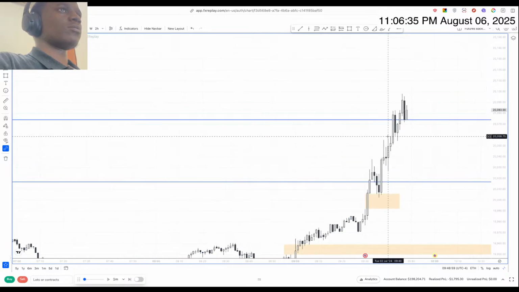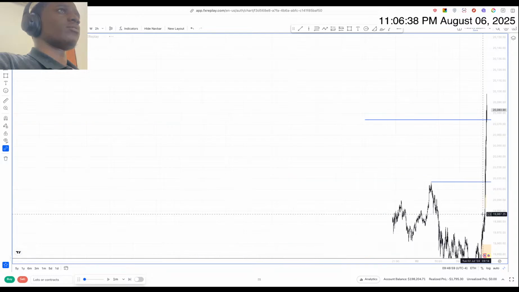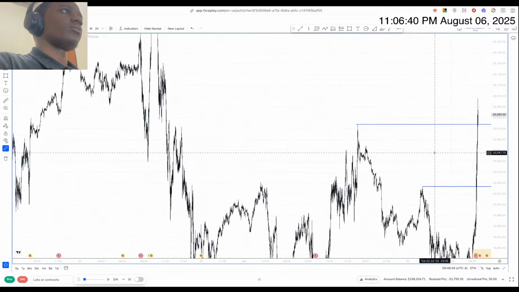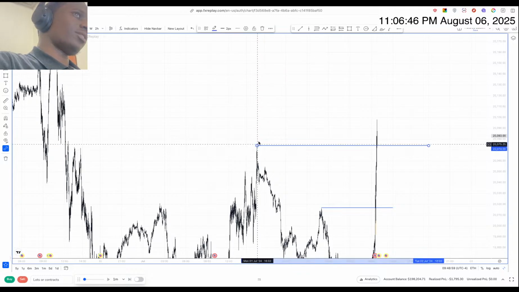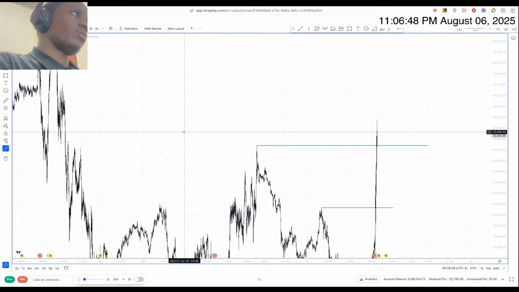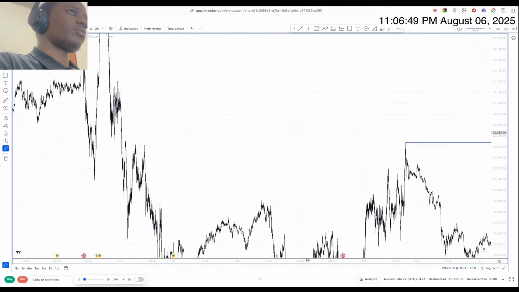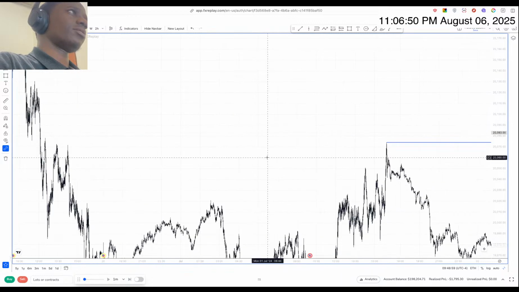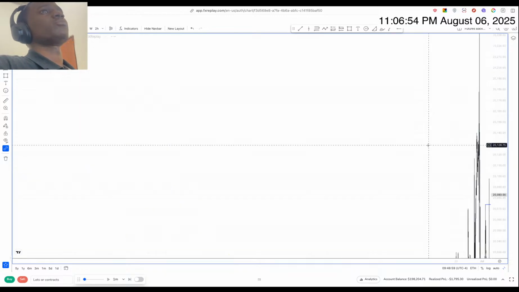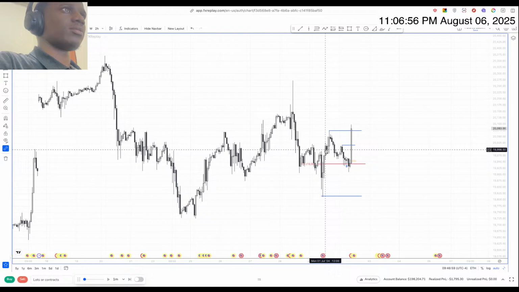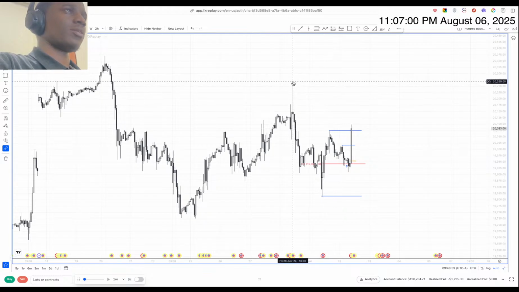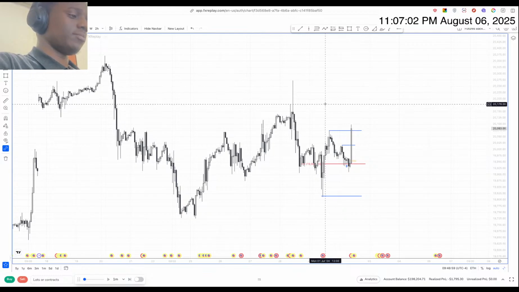So we create this order block, but I don't know if I should continue looking for trades after taking out this high. That would be kind of risky, because then we have no draw on liquidity, except if we're planning on creating all-time highs, because since we've taken this out, the next target will be there, the next crucial high.